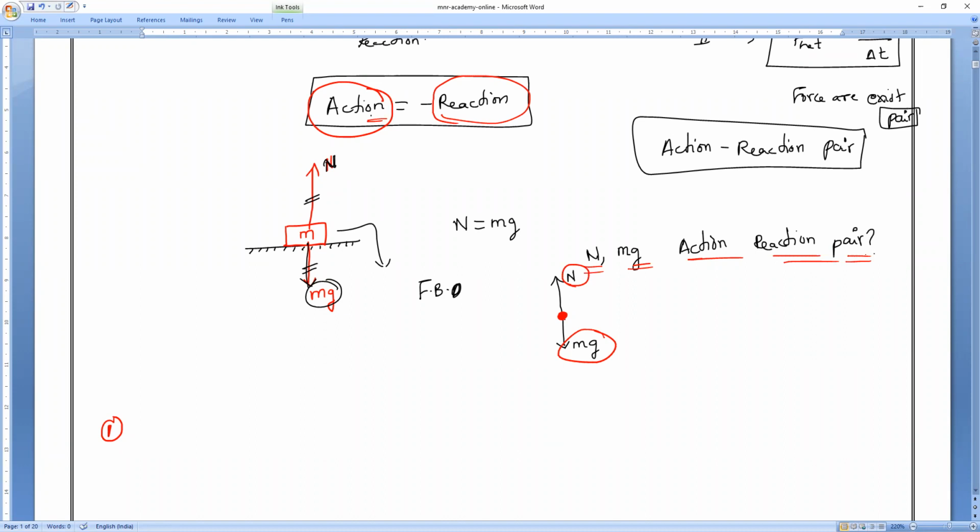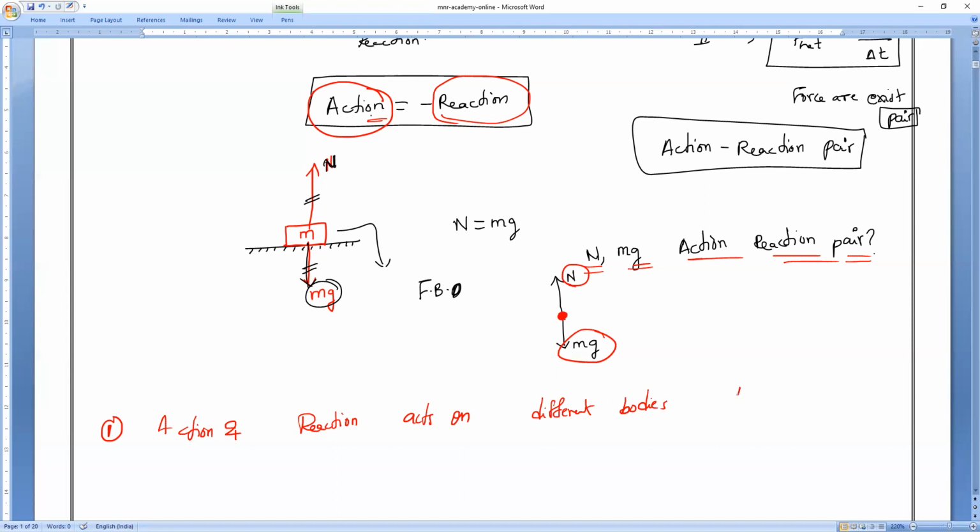Do you all understand what I'm saying? Everybody? Yes, sir. So that is the first thing. Action and reaction act on different bodies or the same body? They must act on different bodies.